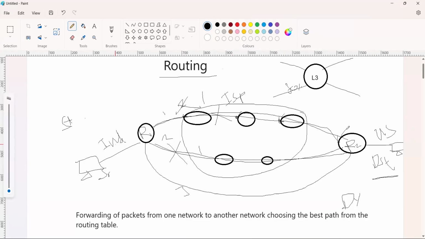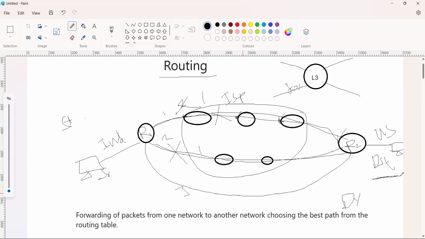So the disadvantage here is that if you don't know the in-between IP addresses, the next hop IP addresses, then even if you know the destination IP address, it will not work. We have to know each and every network in between.